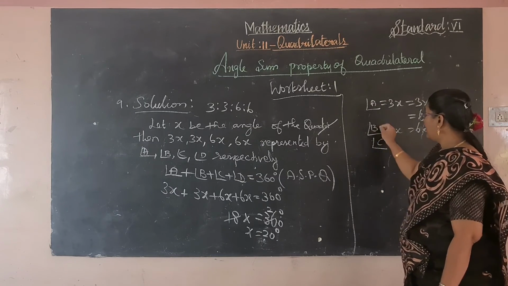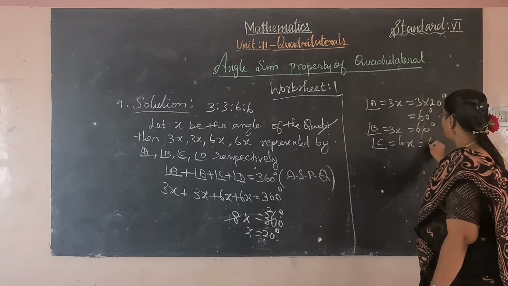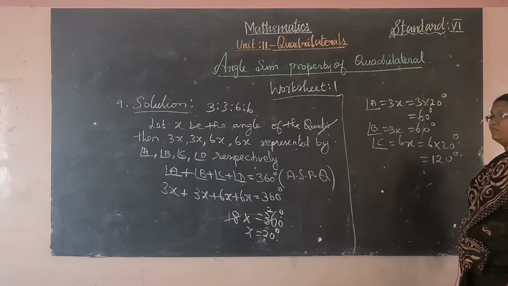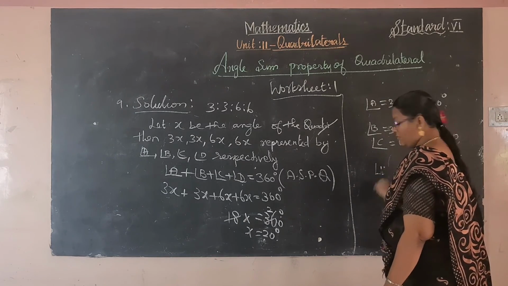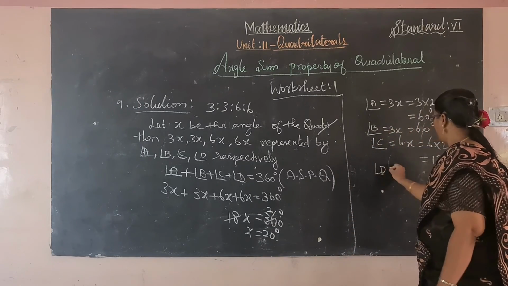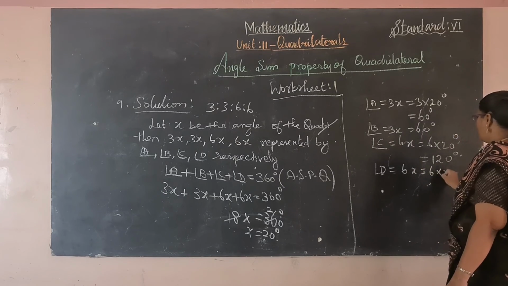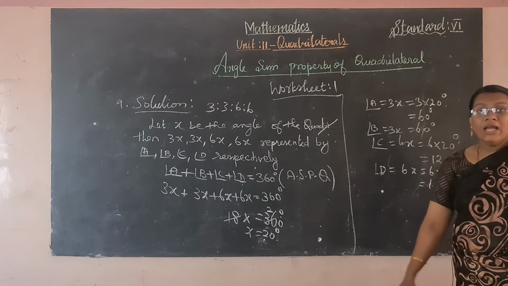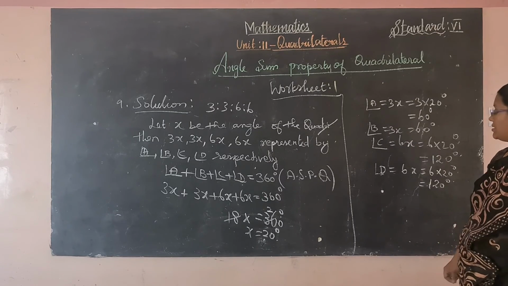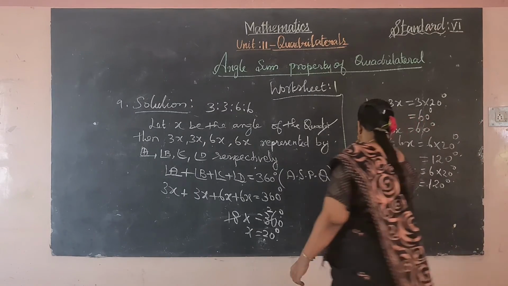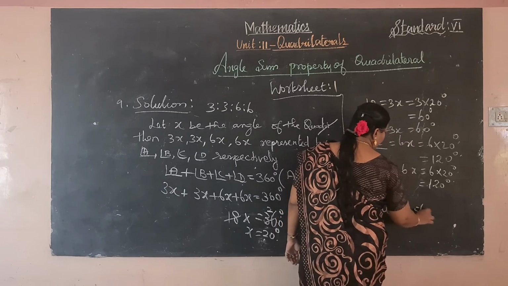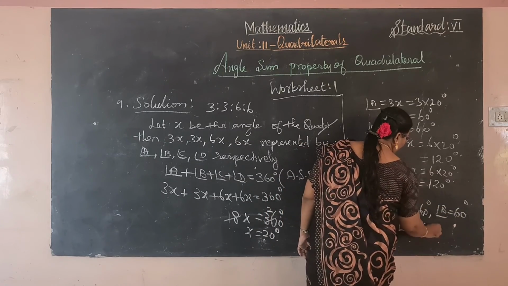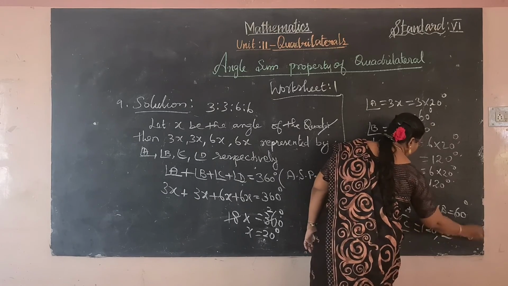Angle C is 6x, which is 6 times 20, so 120 degrees. Angle D is 6x, which is 6 times 20 equals 120 degrees. The sum of these four angles is 360 degrees. Thus angle A is 60 degrees, angle B is 60 degrees, angle C is 120 degrees, and angle D is 120 degrees.